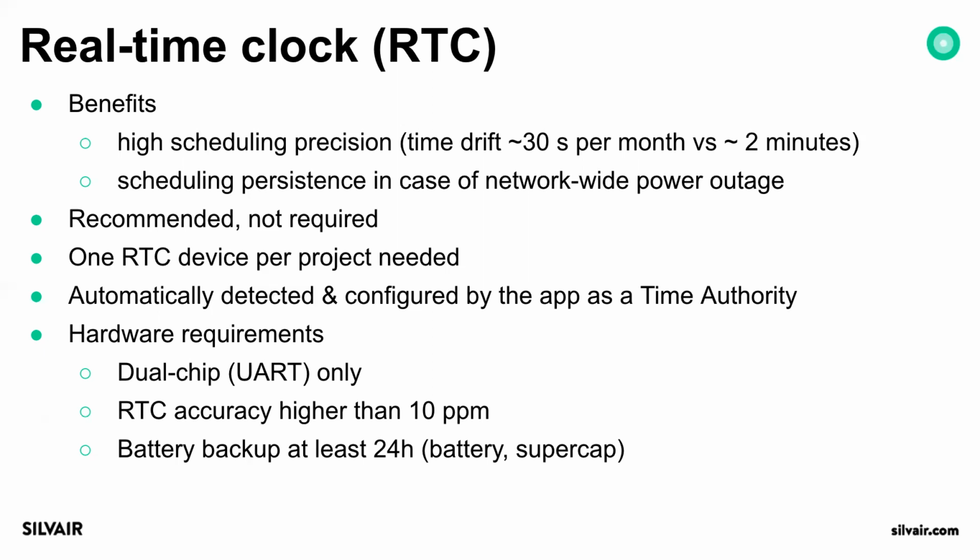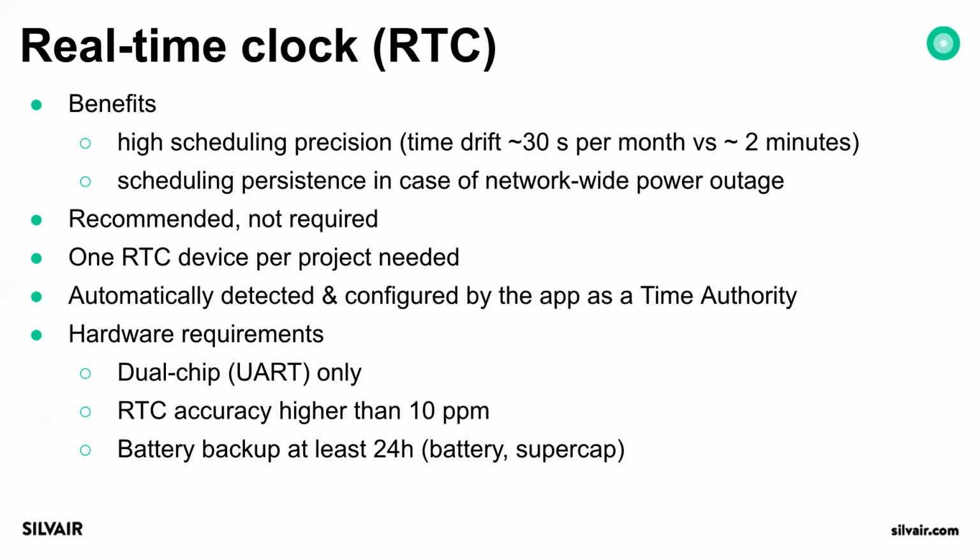With the real-time clock feature come some hardware requirements. The real-time clock is supported only with our UART firmware, so the firmware for the dual chip architecture. In order to build this device, you need to have a dual chip architecture, and we also have two requirements.